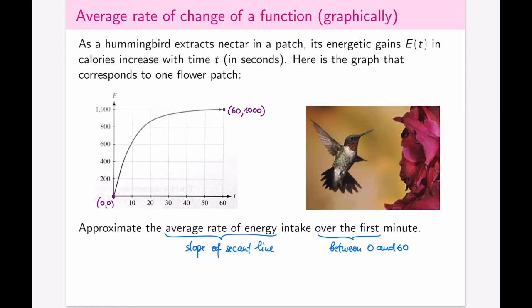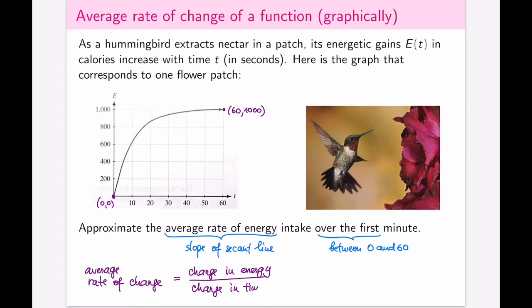So the average rate of change of the calorie intake here will be computed as we have always computed it, and in particular, it will correspond to the slope of the secant line, so it has to correspond to the rise over run, or we can also think of that as change in energy over the change in time.